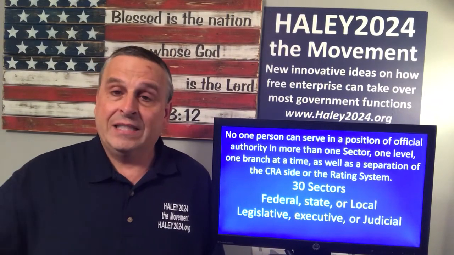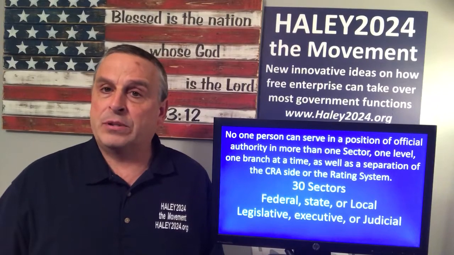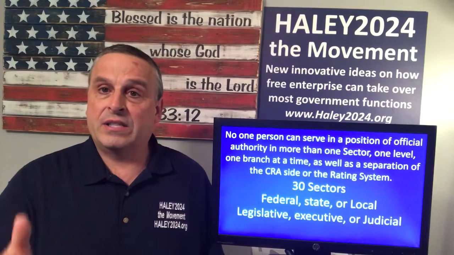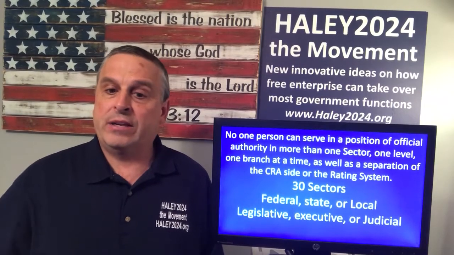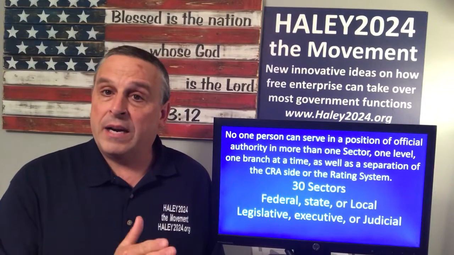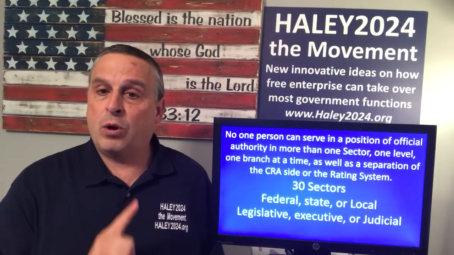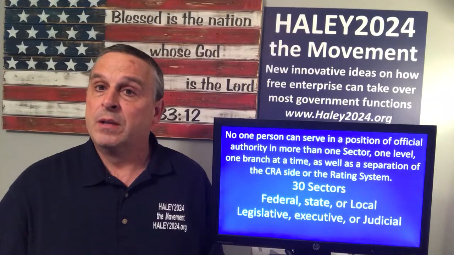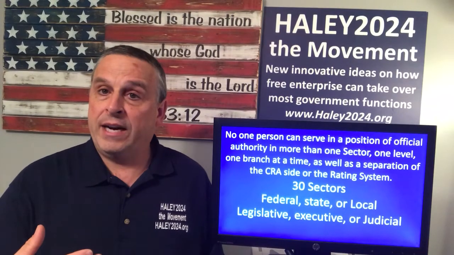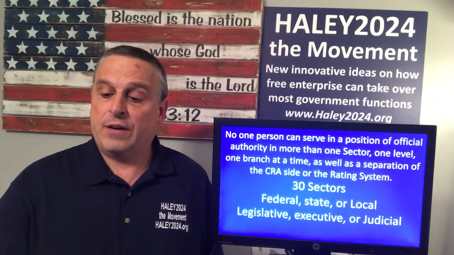So, the rating system has the exact same number of representatives as the CRA side. They have executive, legislative, and judicial. They have federal, state, and local, and they have the 30 sectors. Any one person can only serve in a position of official authority in one of them. One sector, one branch, one level of government.